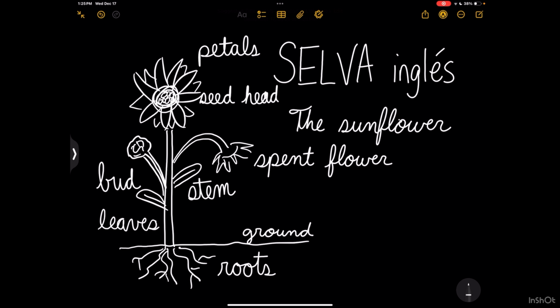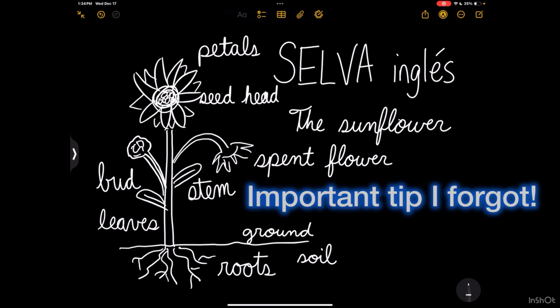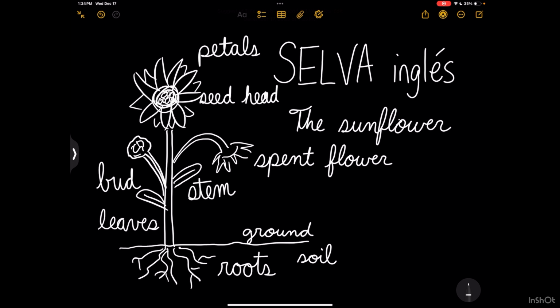And inside the ground, we have the roots and the soil. The soil is the ground. Leaves is one of those English words that are irregular when plural. And the singular form is leaf. L-E-A-F. So you have one leaf or two leaves.